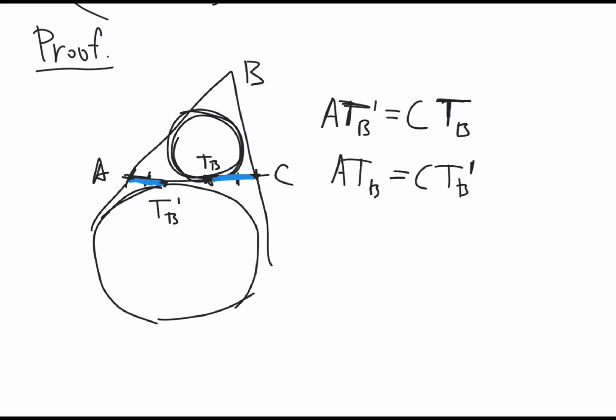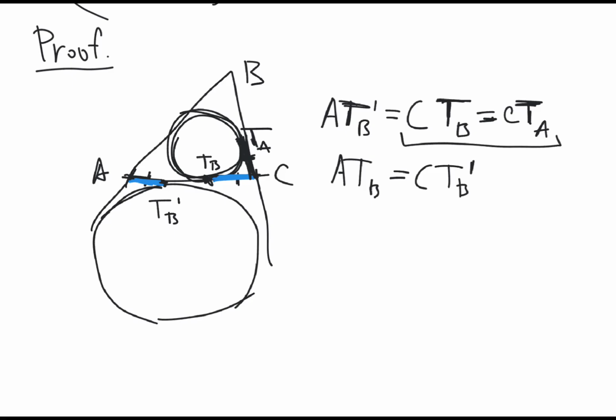Now notice that if this point is T, this is TA, the tangency point of the incircle on this side, so CTB is also equal to CTA, because the tangents from the same point to the same circle are always equal to each other.